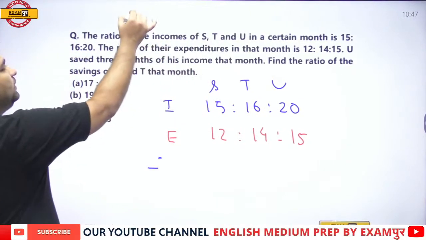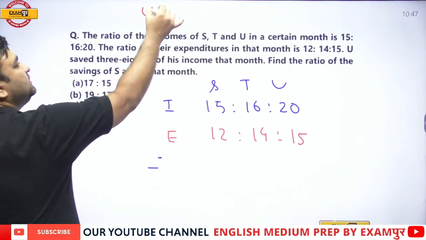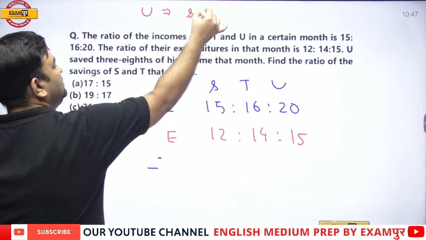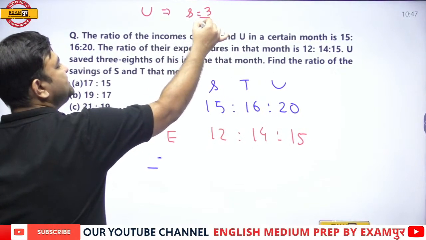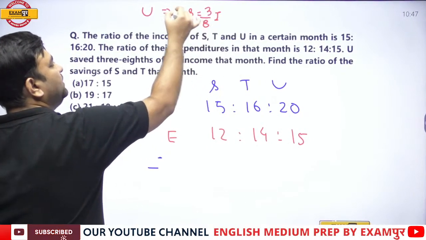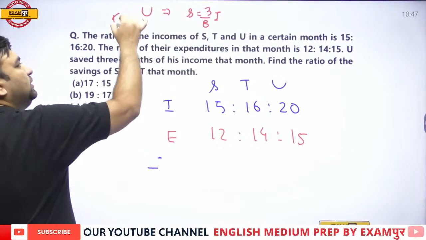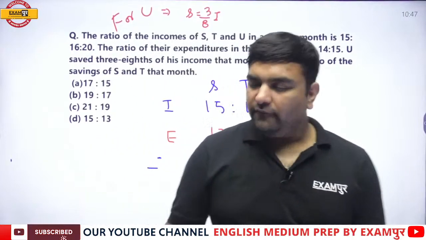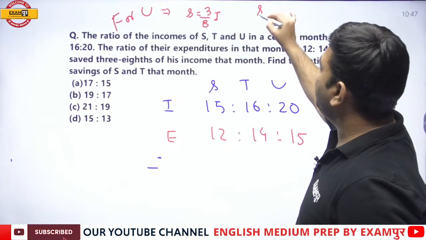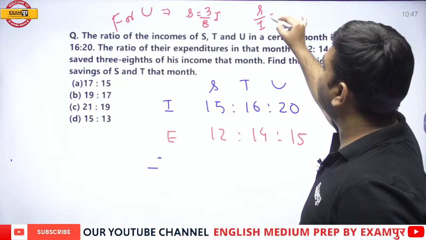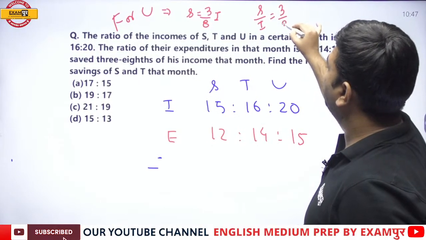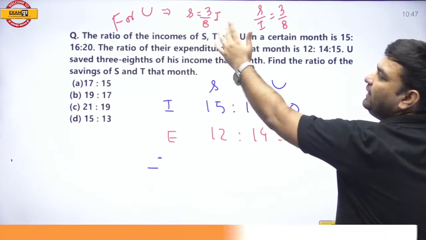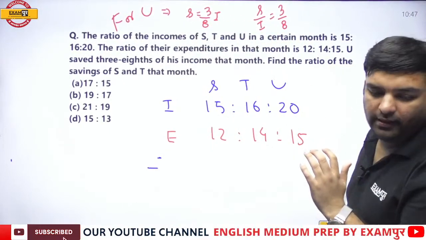U saves 3/8 of his income. For U, saving to income is in the ratio 3/8.